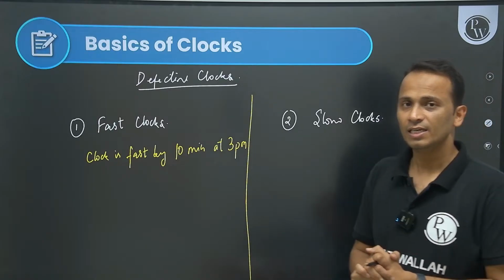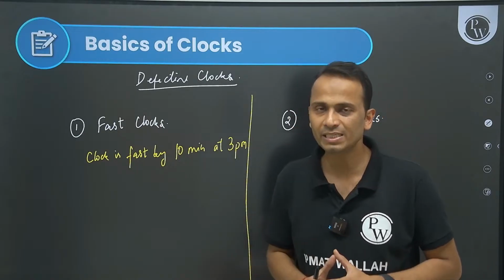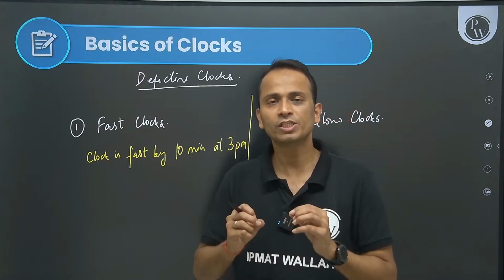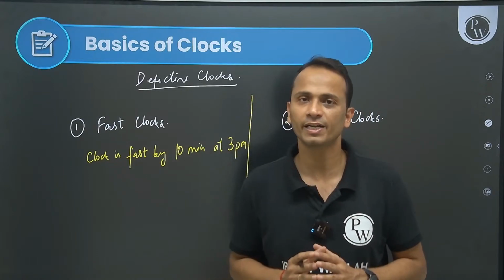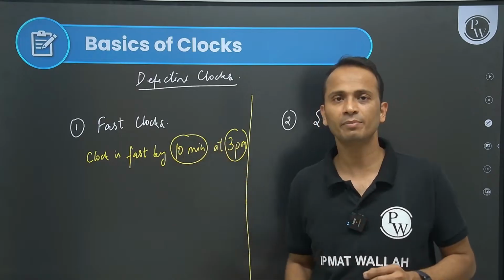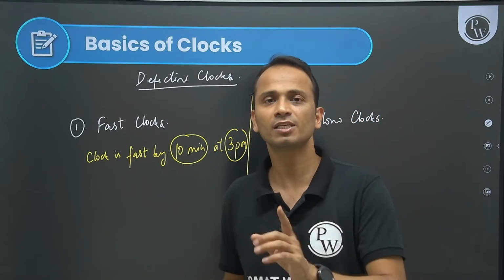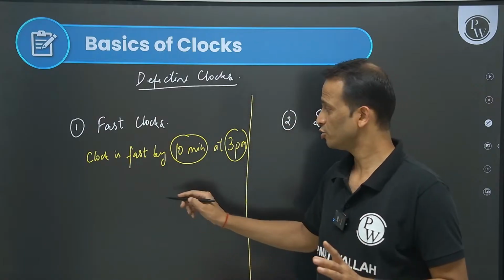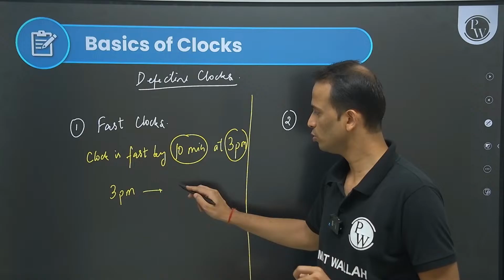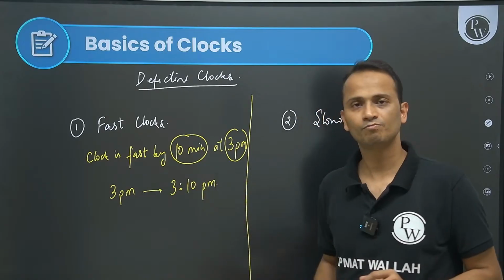फाइन। नाउ a clock which is fast by 10 minutes at 3 p.m. means that this clock is showing a time which is 10 minutes ahead of the correct time. So at 3 p.m. this clock will show 3:10 p.m. right?